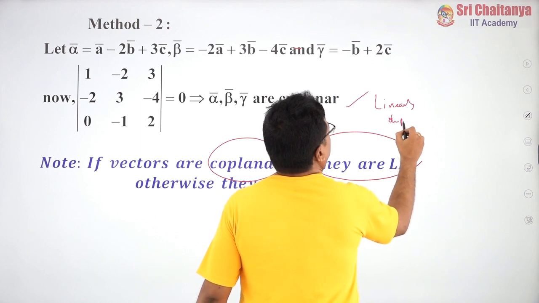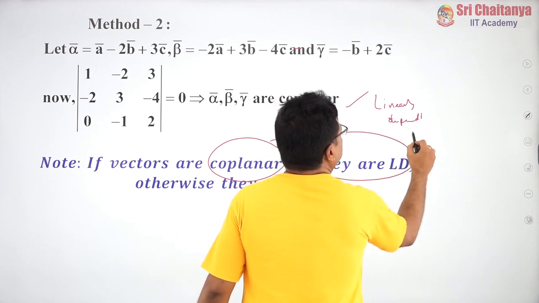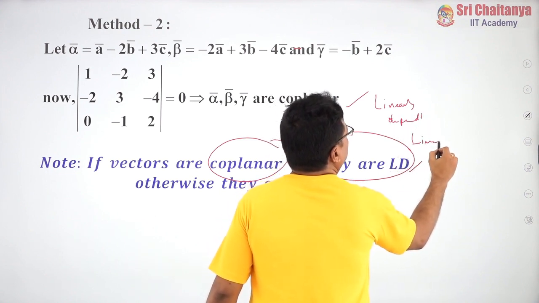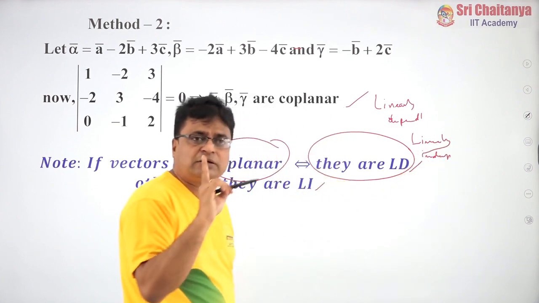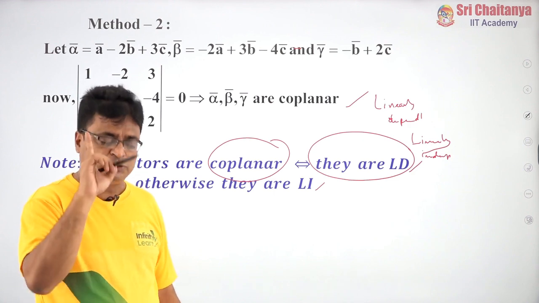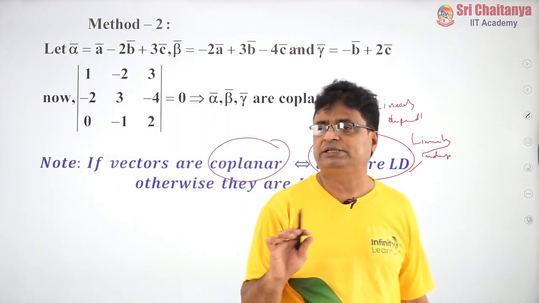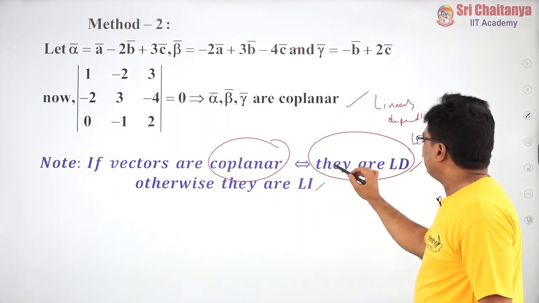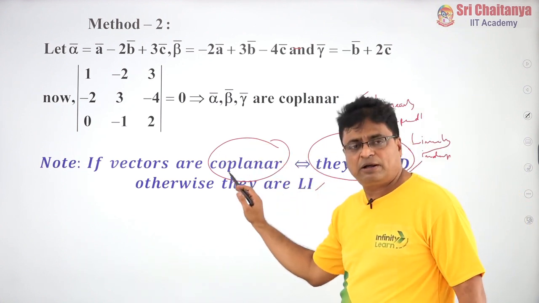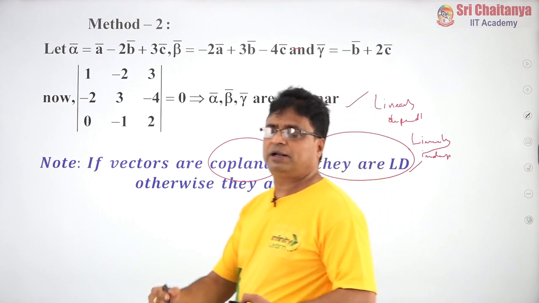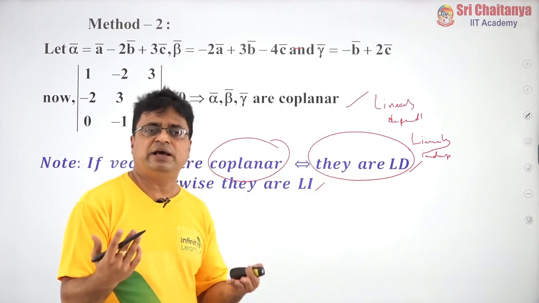And this language, linearly dependent and linearly independent, one can use only for vectors, not for points. So, whenever the vectors are asked to be studied for linear dependence, you just prove whether they are coplanar or not. If they are coplanar, automatically they become LD, otherwise they are LI.